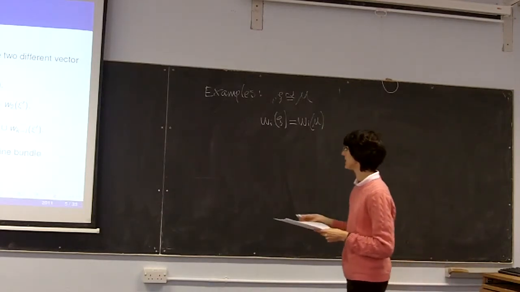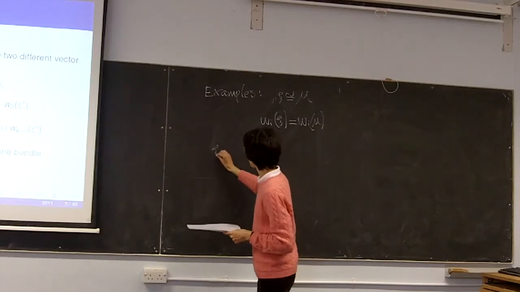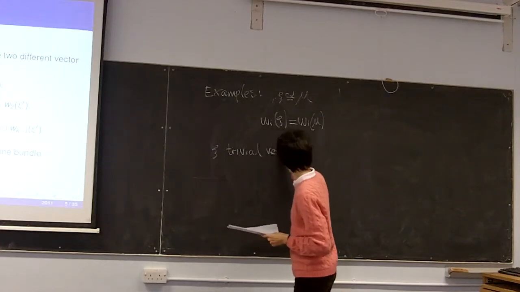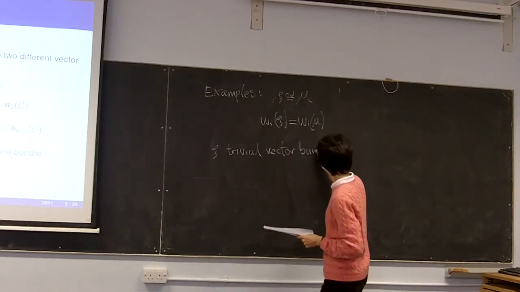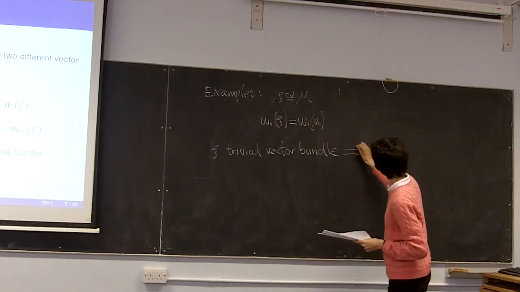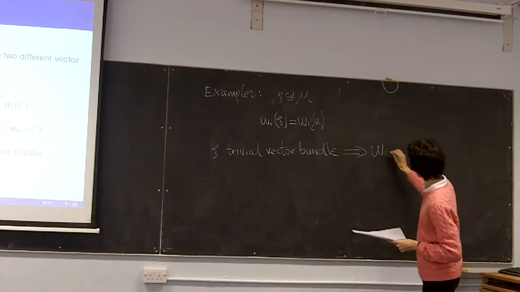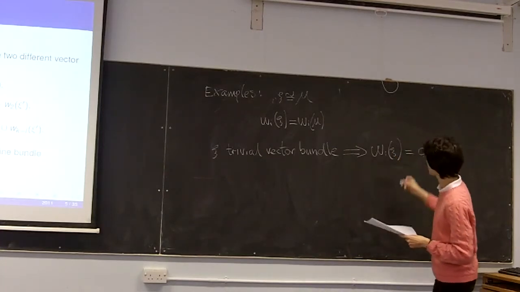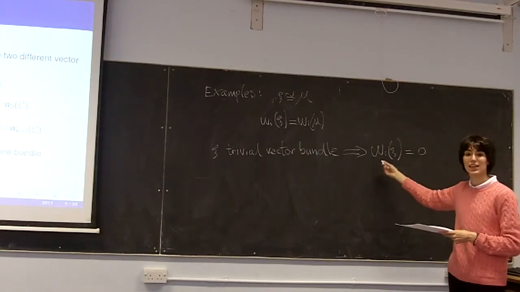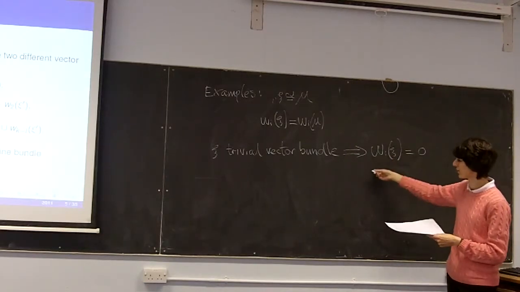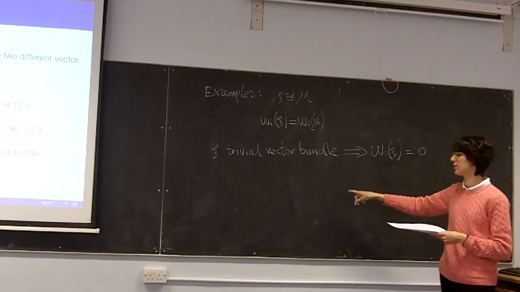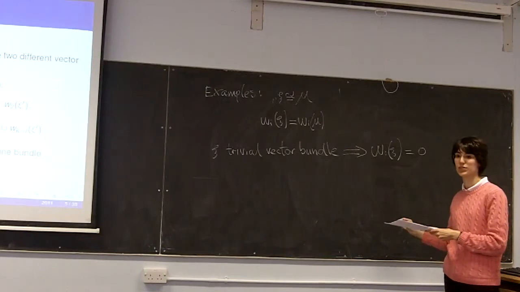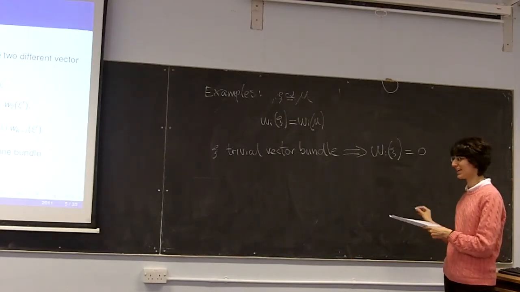Another interesting property is that if we have a trivial vector bundle, then any of its characteristic classes is going to be zero, and that's a very interesting condition.